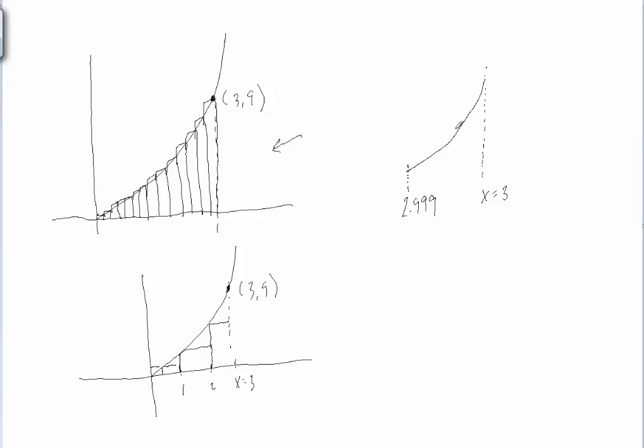The graph is actually curved, but since there's such a small distance between these two x values, what ends up happening, kind of what we looked at when we were talking about limits, is the h gets very, very small. You get something that almost looks like a straight line.